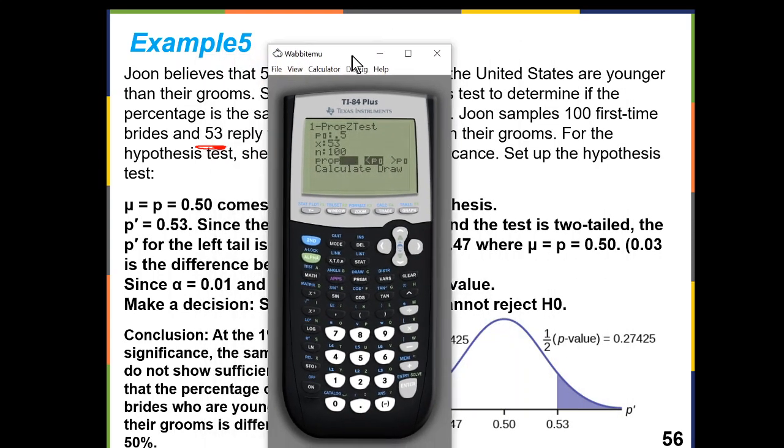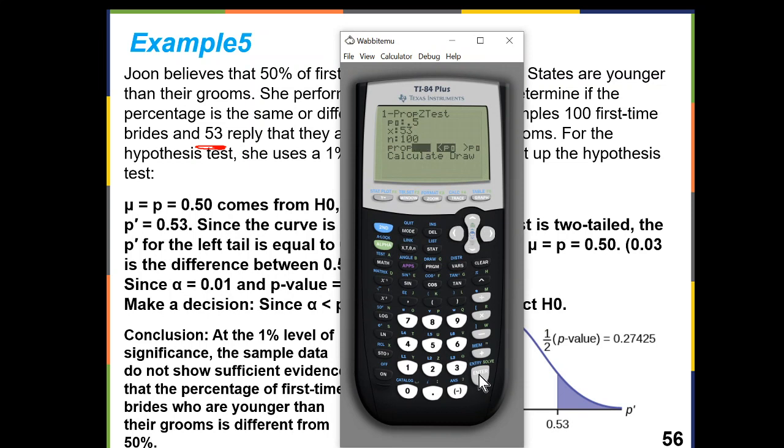Well, this is a two-tailed test, so we're going to pick that one. This is left tail, this is right tail. And then calculate. There. So that's the 0.6 that we found, which is the t-stat, right? So t-stat was found here. And then p-value, which is 0.54, almost 0.5. And then this is p prime, or p hat, the calculator calls it. Doesn't matter, it's 0.53.